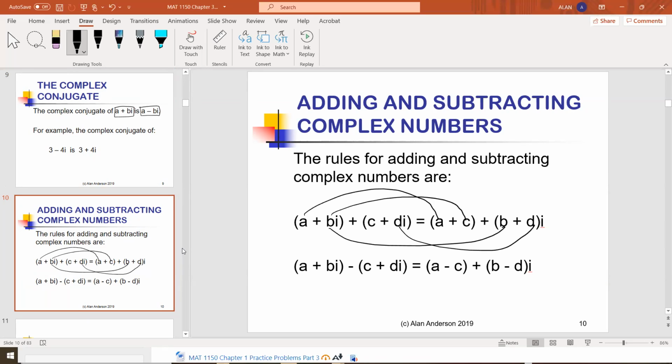And that holds true for subtraction and addition. Because remember, in general, whenever we have real and imaginary numbers, we always want to reduce the expression to something nice and simple like this. One real term, one imaginary term. That's what we want.